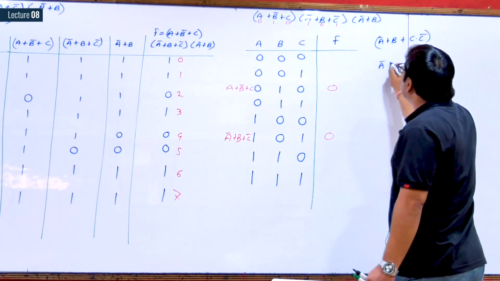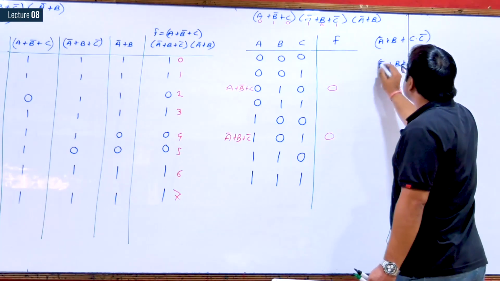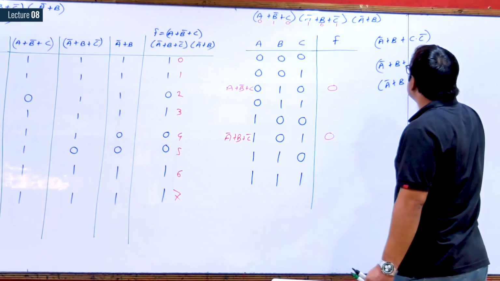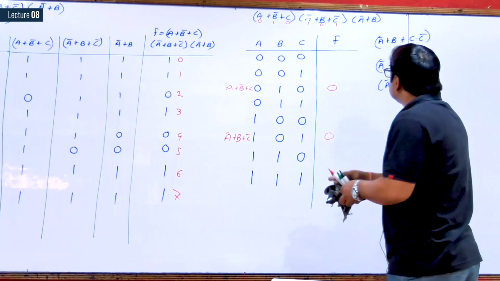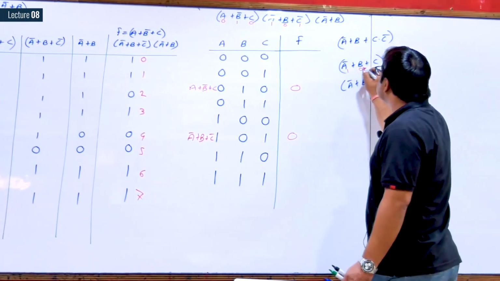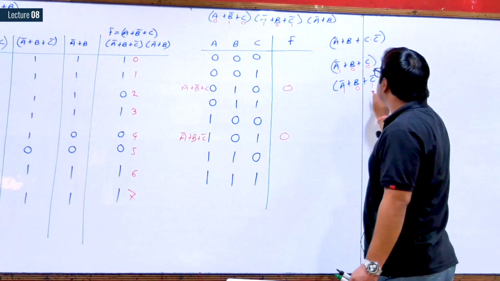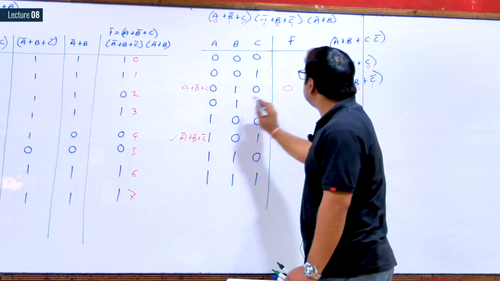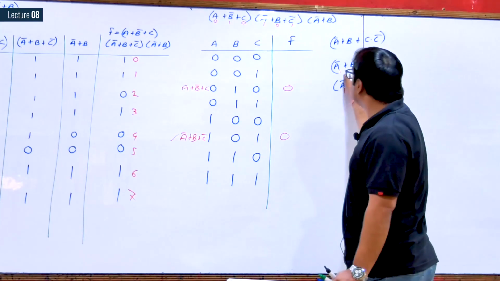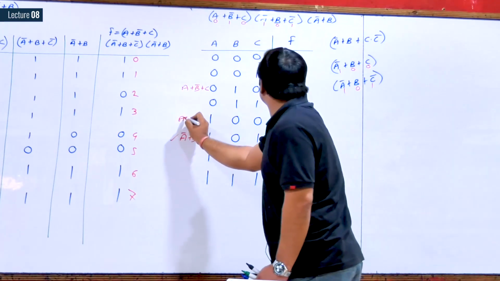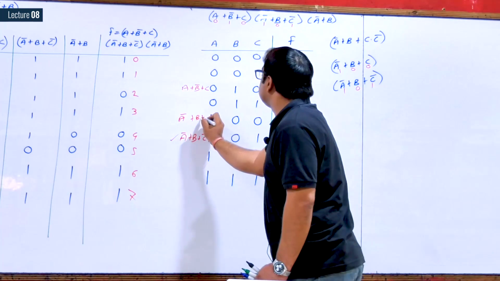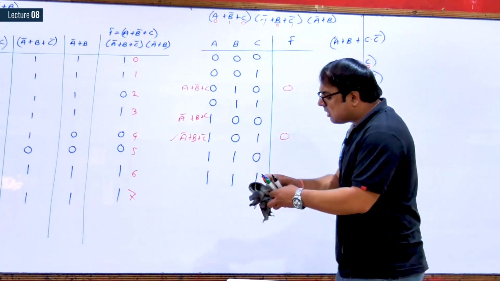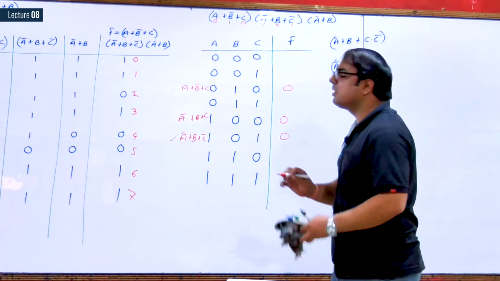So this will give me two terms, A complement plus B plus C complement, which is 1, 0, 1, and A complement plus B plus C, which is 1, 0, 0. Combination 1, 0, 1 I have already covered, I just need to cover 1, 0, 0. So this combination is A complement plus B plus C.